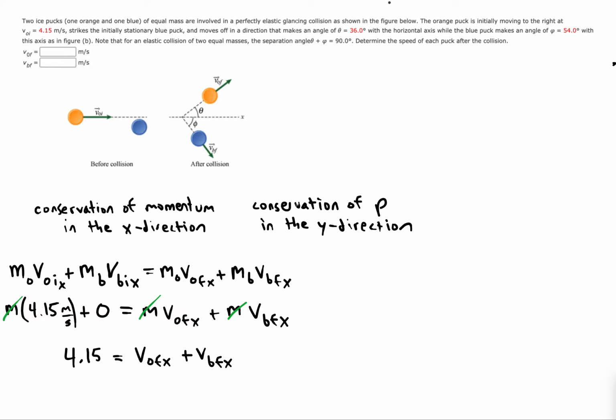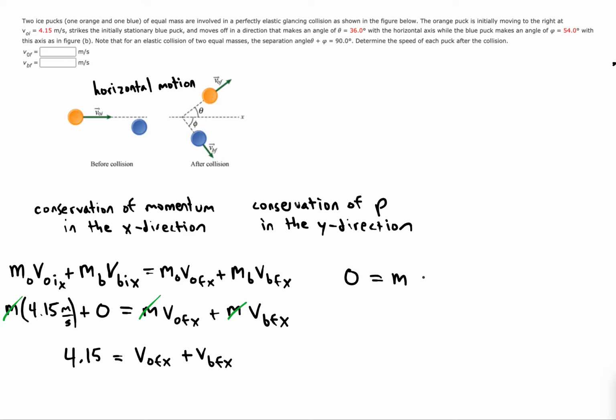So now we could work with the y dimension, and we could say that the initial y momentum is totally 0 because this thing is moving horizontally. So that implies that VOY is 0 initially.